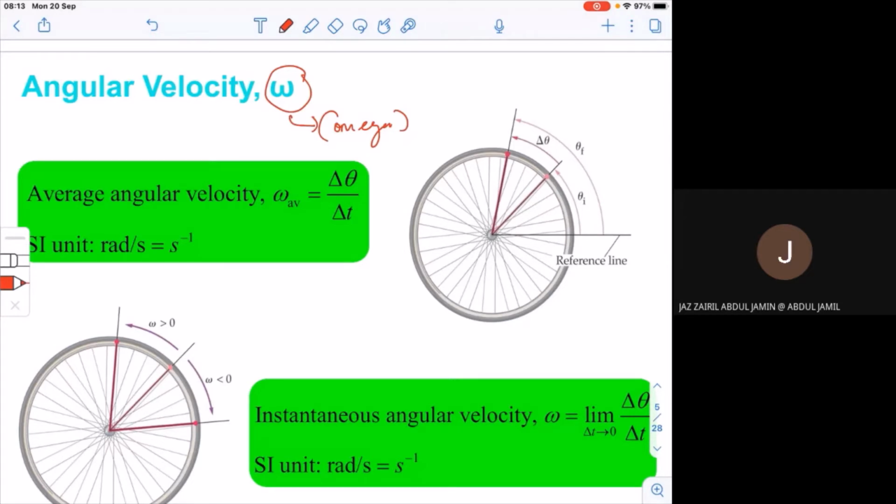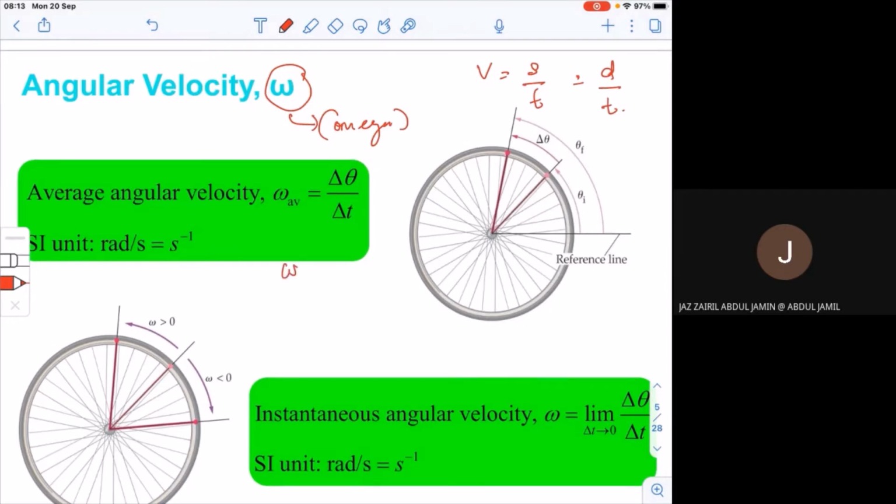The same happens as when we have v equivalent to s over t, or maybe you write d over t. This also happens in angular position and angular velocity, because omega is equivalent to delta theta over delta t. That means change in position over change in time.